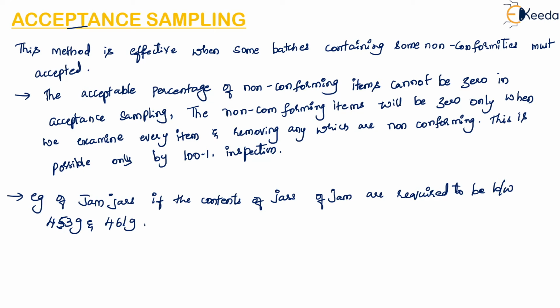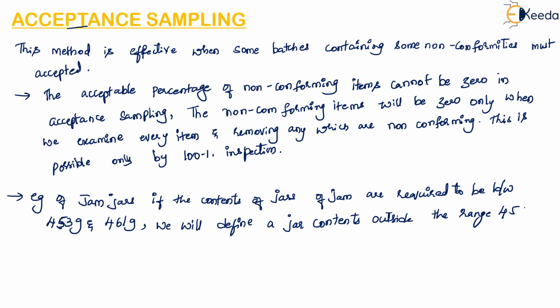What we will do is define a jar content outside the range of 455 gram and 459 gram as non-conforming.